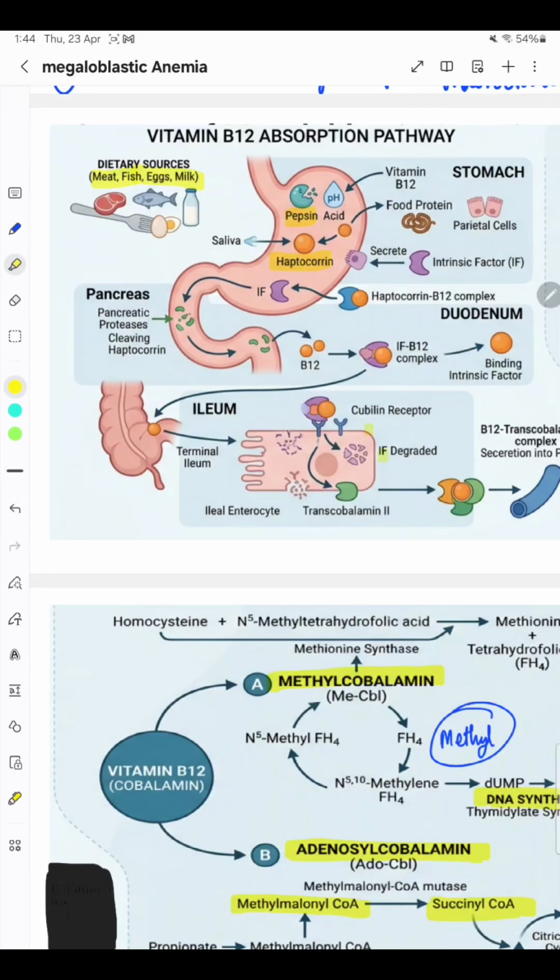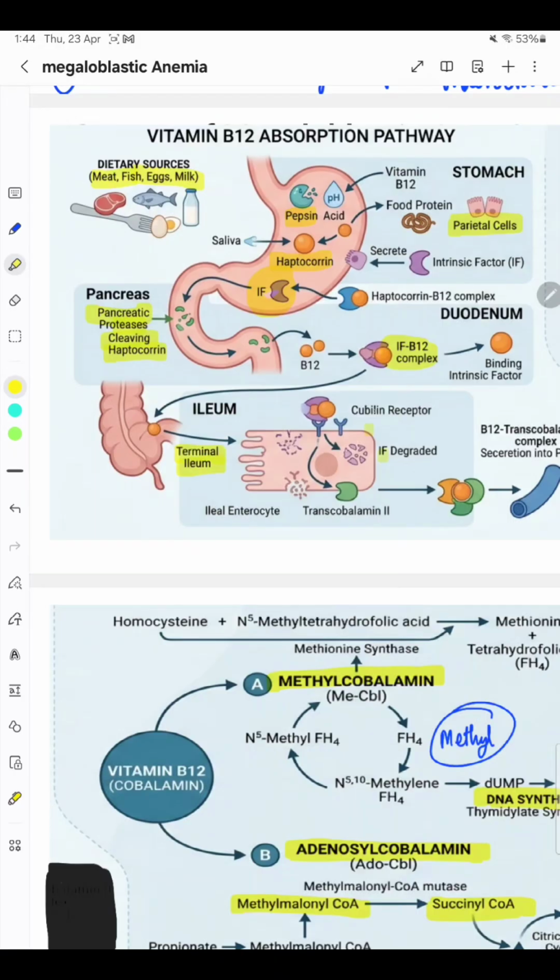This haptocorrin vitamin B12 complex then reaches the proximal duodenum. In the proximal duodenum, pancreatic proteases cleave haptocorrin and B12 is free again. This B12 now binds with the intrinsic factor, which is secreted by the parietal cells of the stomach. Now this B12 and intrinsic factor complex travels to the terminal ileum.